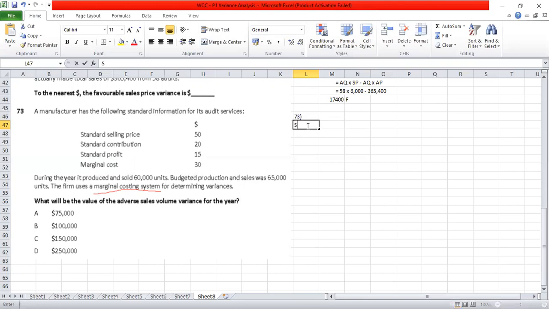Sales volume variance is equal to standard contribution into the difference in quantities. Standard contribution is given to us as 20.